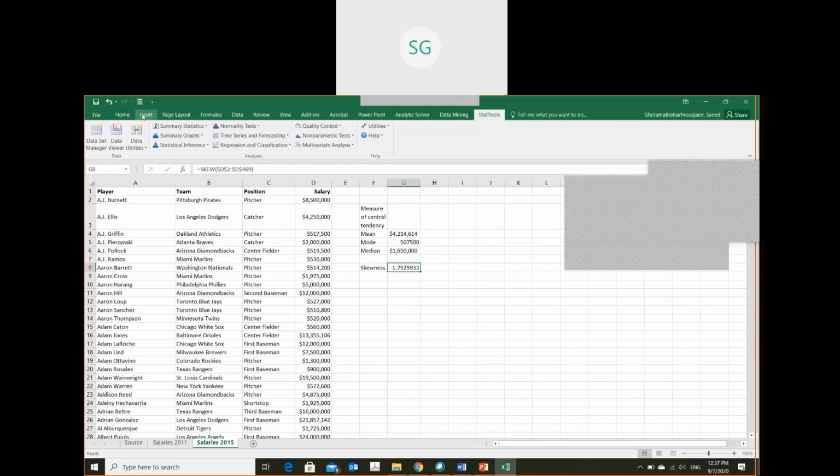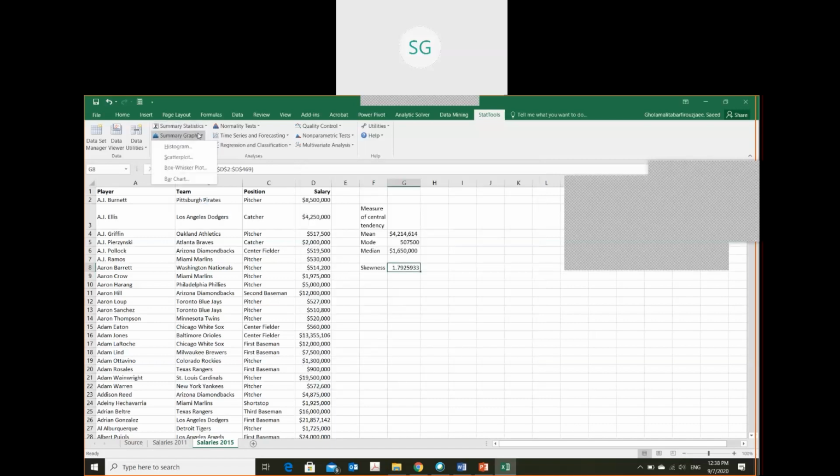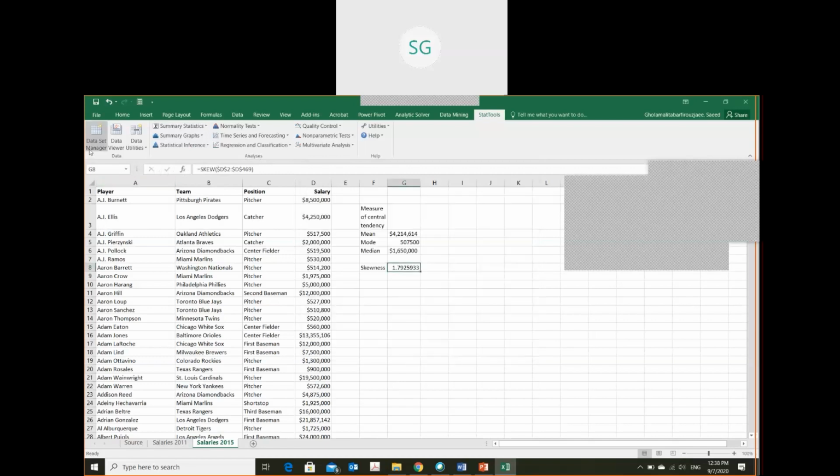Let me show you the skewness in StatTools. One variable. Let's use histogram. First, we need to define our data set.